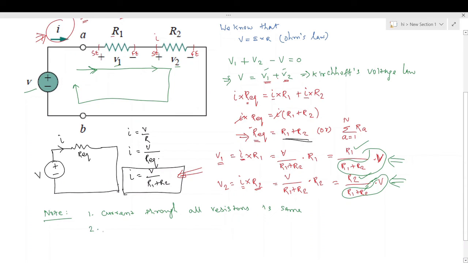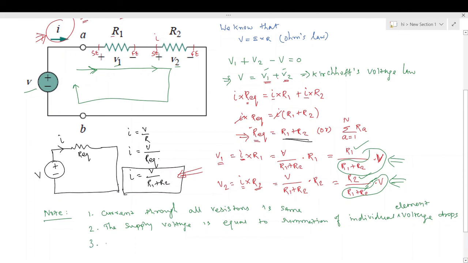Second, the supply voltage is equal to the summation of individual voltages, that is individual element voltage drops.